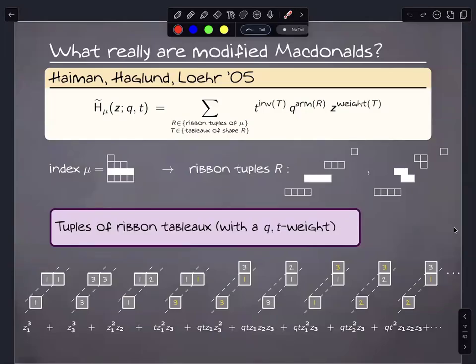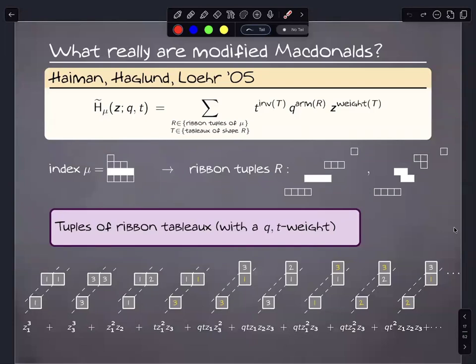You just write down tableau and then you compute the inversions, you compute the arm wiggle, and you're done. It's a QT sum. That's great because at least that seems a lot easier to approach Schur positivity than this funny basis stuff. Turns out it actually wasn't that easy, but at least it gave the illusion of it.